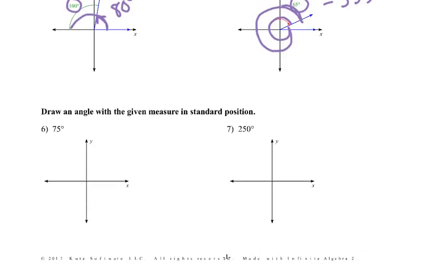Now, how do we draw the angles? Same idea. We always start with our initial angle right here. That's like 0 degrees. To go to 75, we're not going to quite go to 90, so it looks something like that. For 250, we'd start right here, and we go 90, 180, 270 is down here, so about right there would probably be 250 degrees.